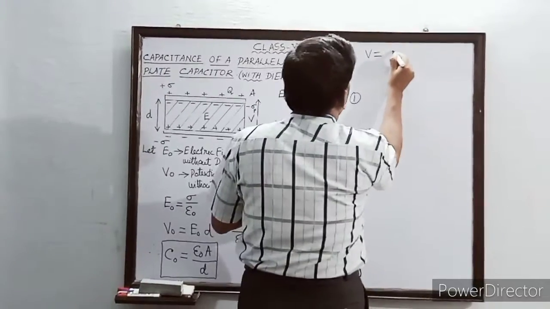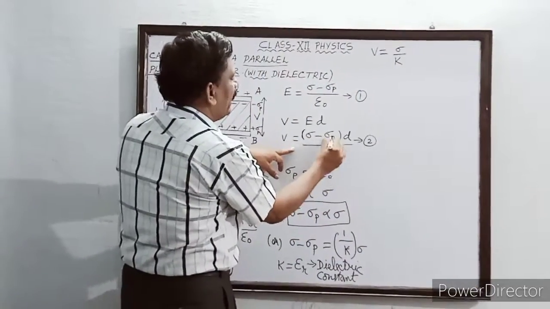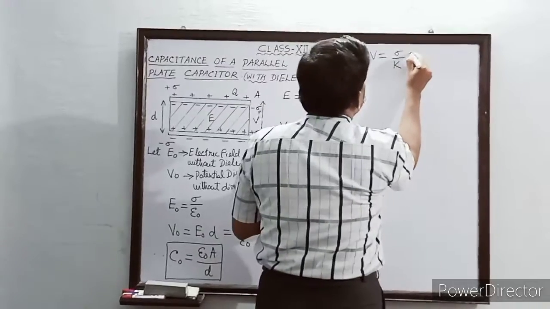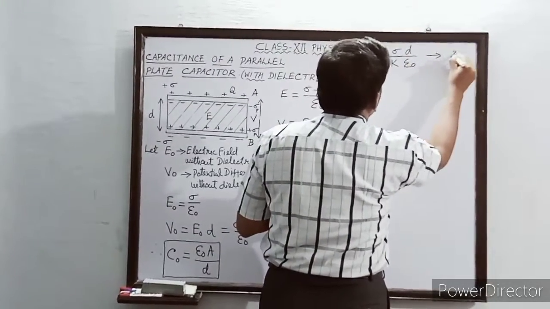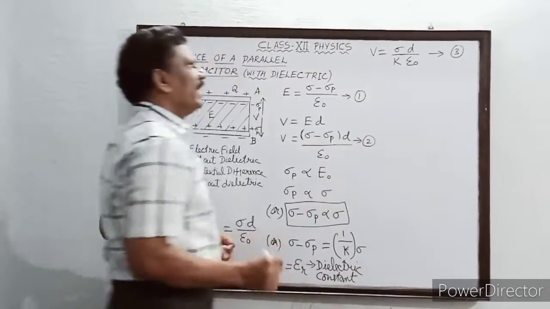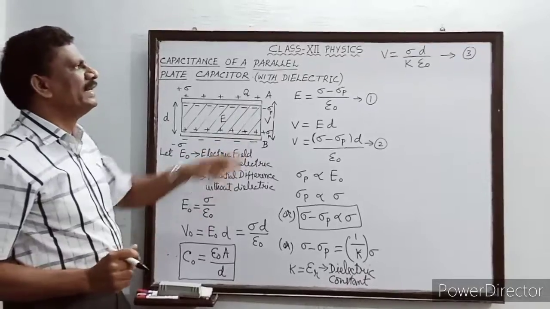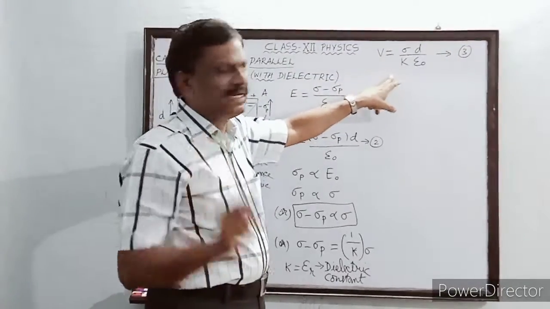So this is equal to sigma by k is the first factor. Okay, and what are the remaining factors? D by epsilon naught. So this is D by epsilon naught, and this is equation 3. This is the actual new expression for the potential difference between the two plates A and B after the introduction of the dielectric medium. Understand?